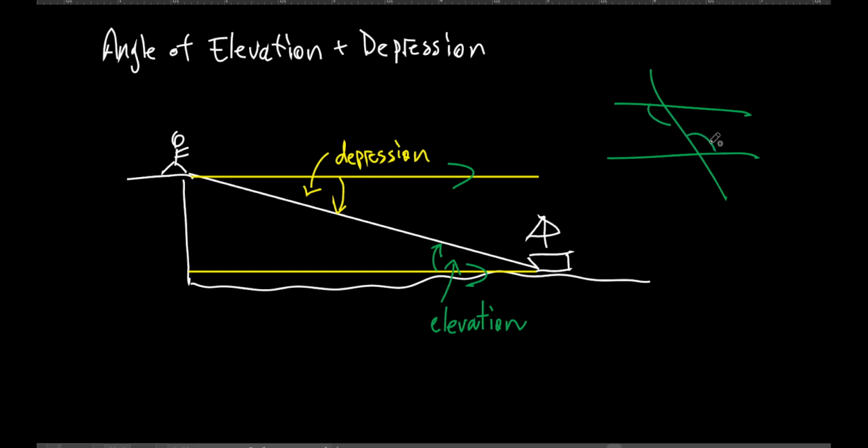Remember that? It's not opposite. It starts with A. Alternate interior angles. So it's coming back. So this angle and this angle are equal to each other. So basically, the angle of elevation is equal to the angle of depression. That's kind of what we're talking about here.